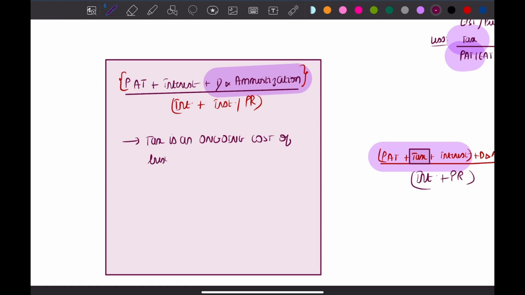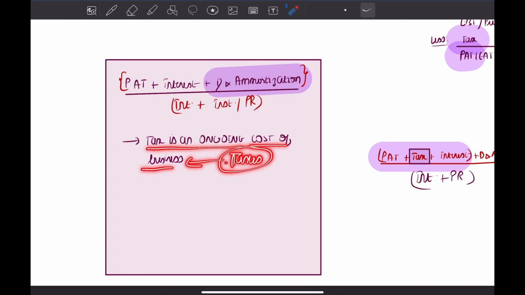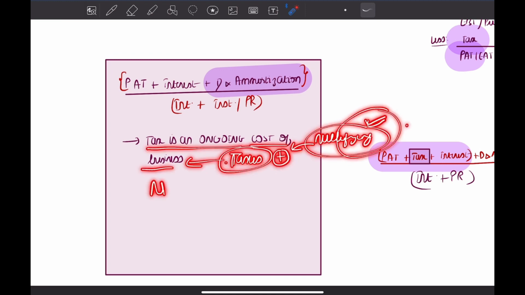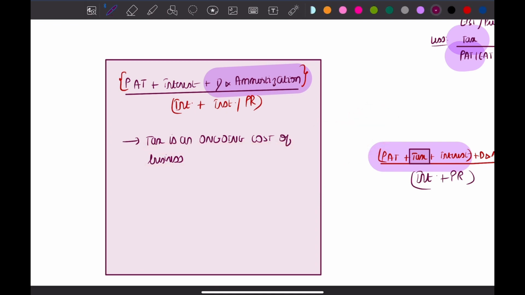So basically this approach states that if we are entering into a business, we definitely have to pay taxes, and by adding back the tax, we are nullifying its effect, and by nullifying the effect of the same, we are not showing the true picture. So for that reason they are not adding back the taxes.